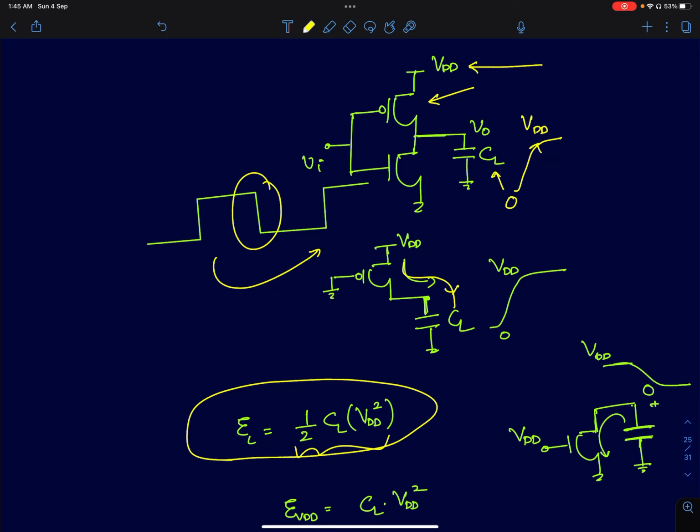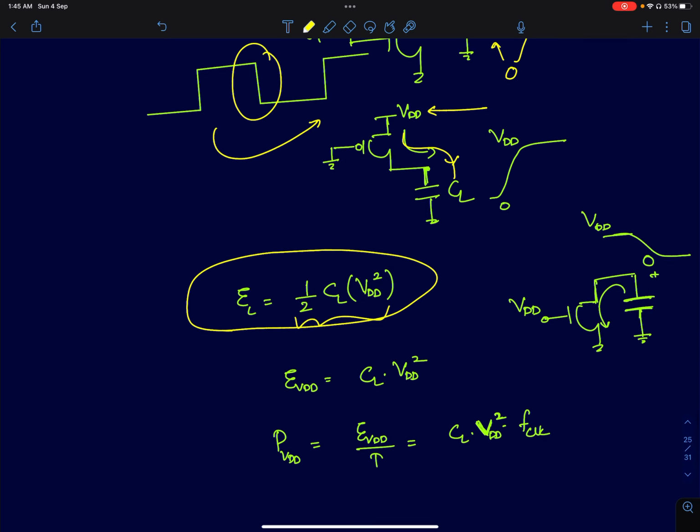So the total energy supplied by the supply, VDD, is the energy supplied to the capacitor to charge it, half CL into VDD squared, plus another half CL into VDD squared, which is lost as heat in this MOS device. The MOS acts like a resistor, so it will be lost as heat. So the total energy supplied is CL into VDD squared.